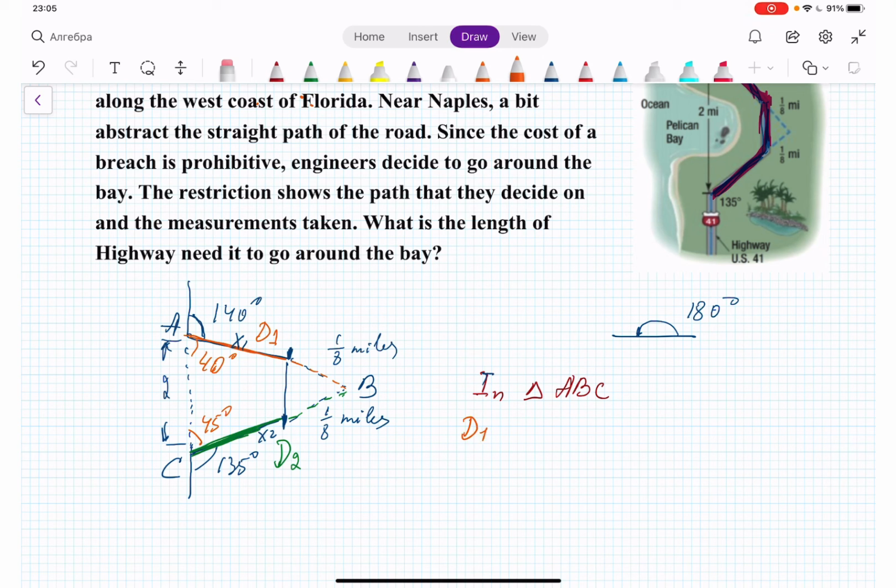D1 is related to sine 45, it's the opposite angle, right? Like 2, this side is 2, related to this angle. How much is this angle? 180 degrees minus 45 degrees minus 40 degrees, so it's going to be 95 degrees, right? So 2 to sine 95 degrees.